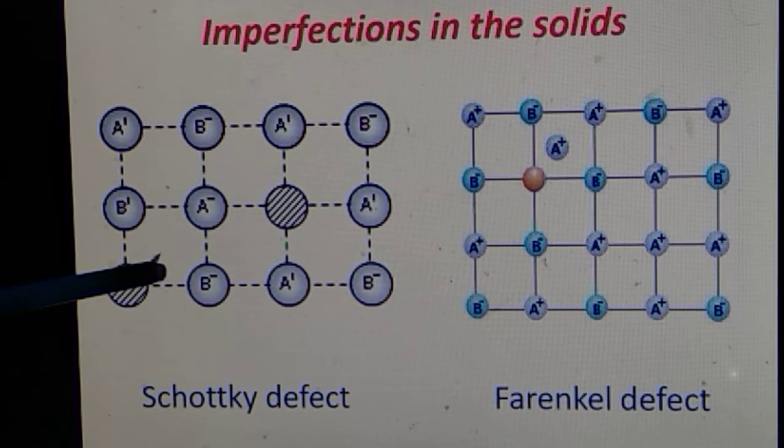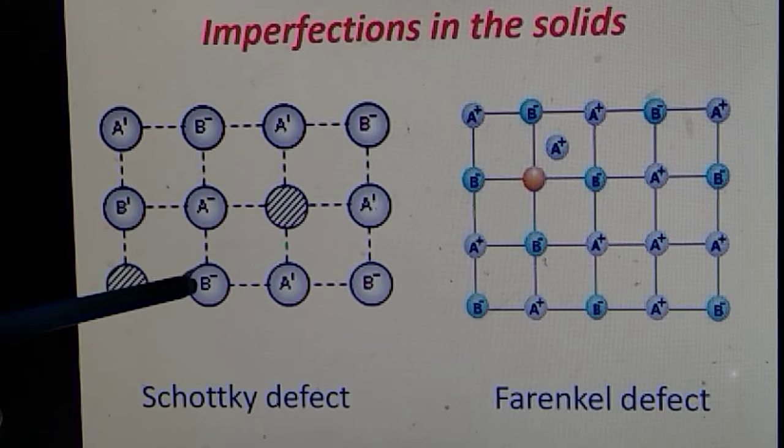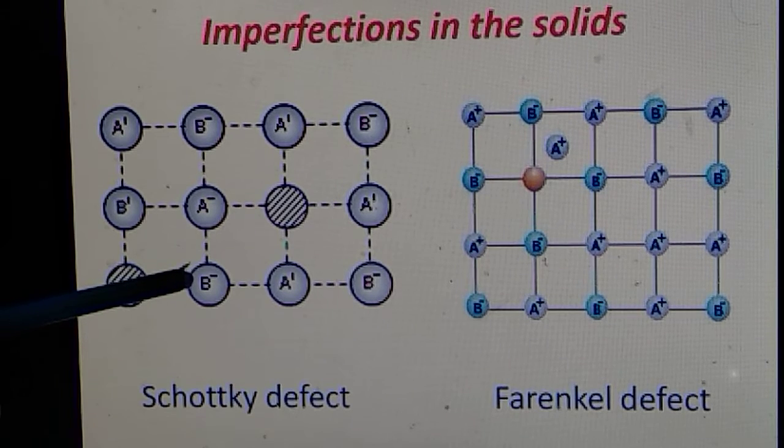What is the meaning of point defect? Point defects are the irregularities or deviations from ideal arrangement around a point or an atom in a crystalline substance.